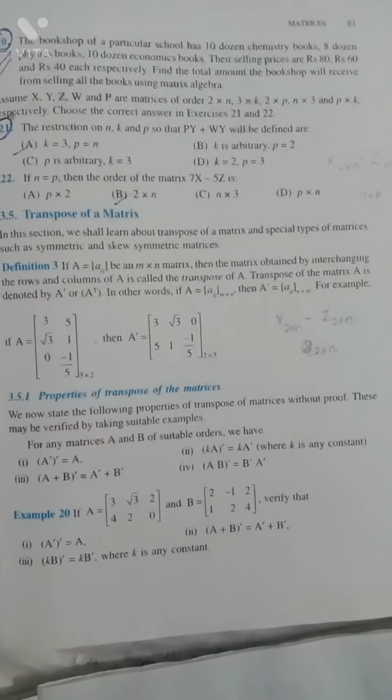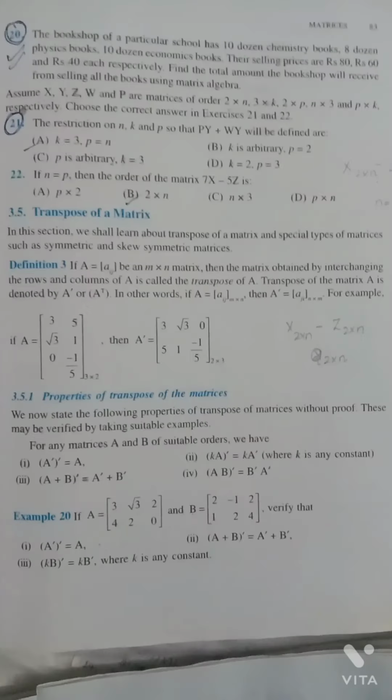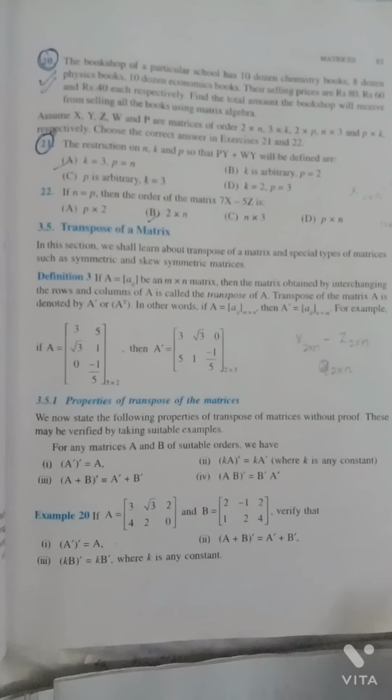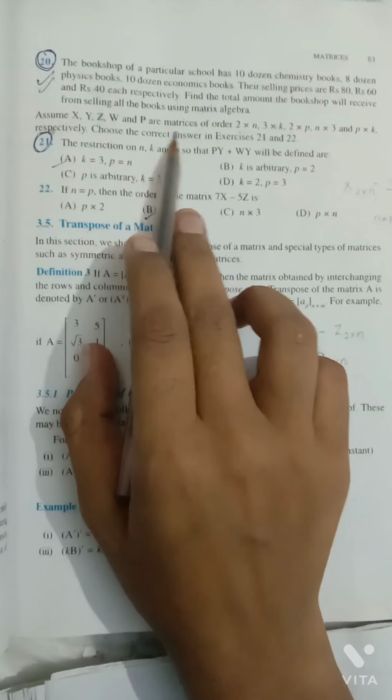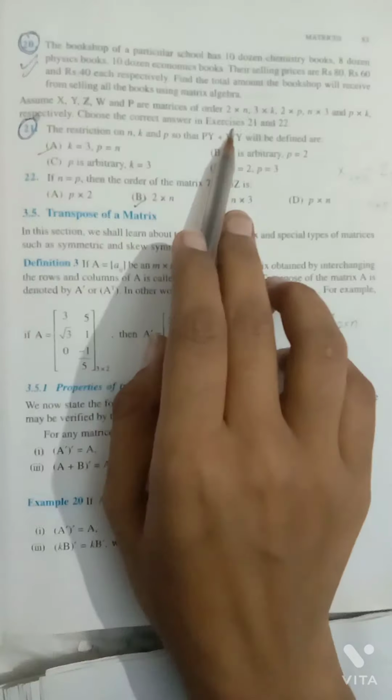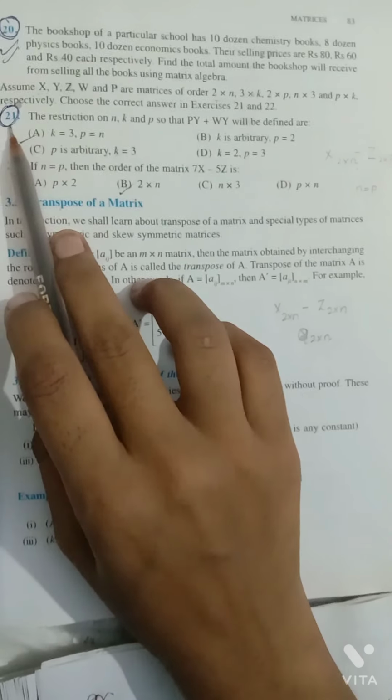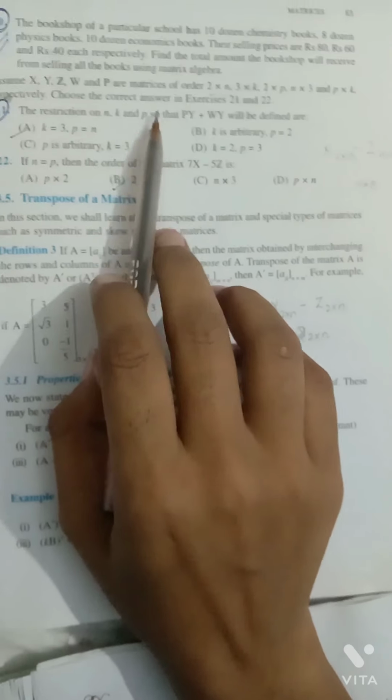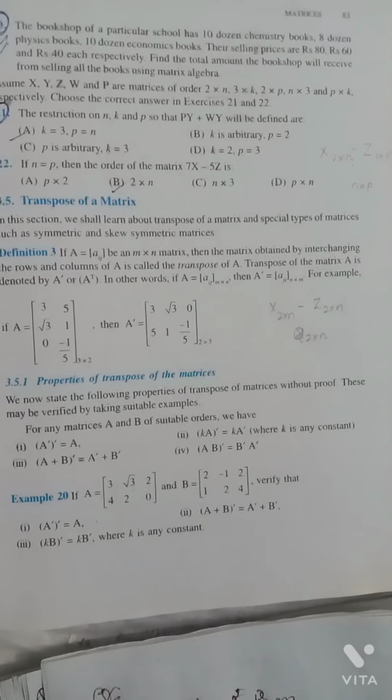Now let us move to question number 21, which says: if X, Y, Z and P are matrices of the given orders, find the restriction on n, k and p so that PY plus WY can be defined.